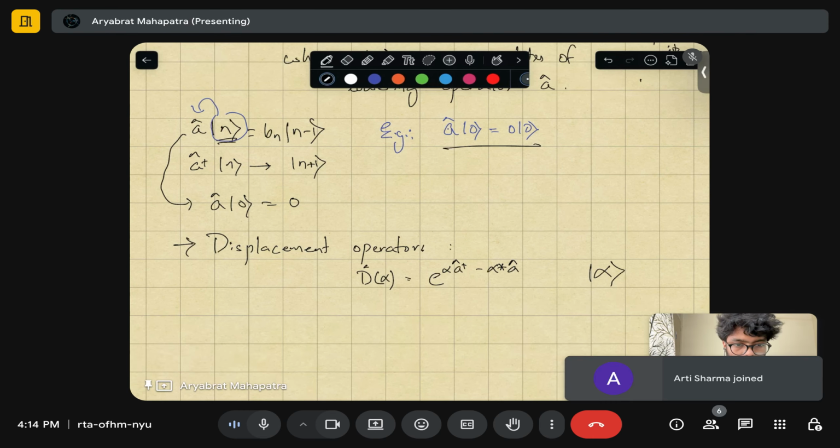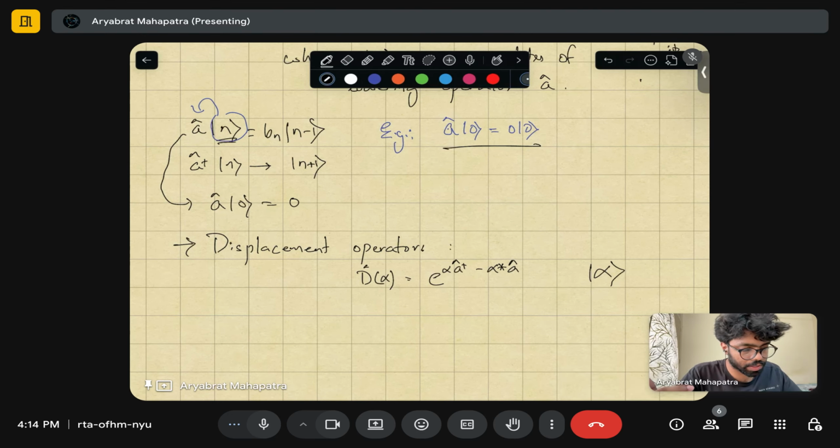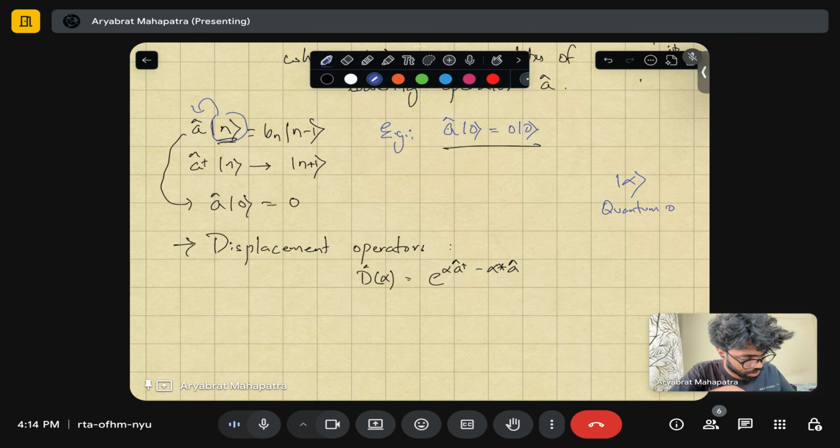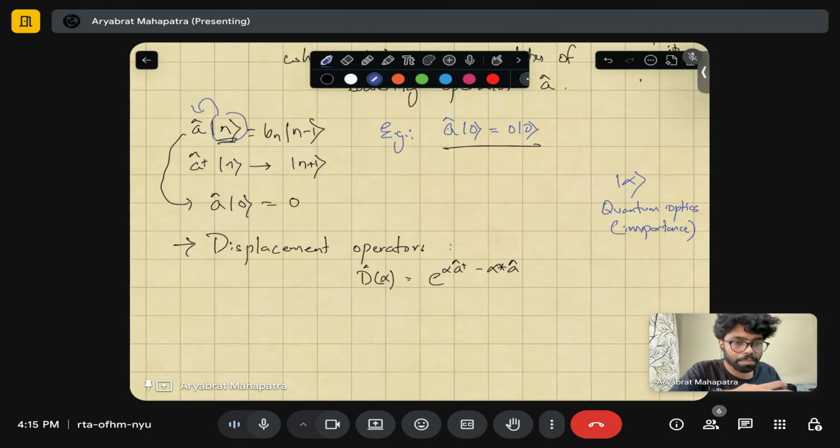For example, these coherent states are very important in quantum optics. These states are given more importance in quantum optics because they explain classical light.